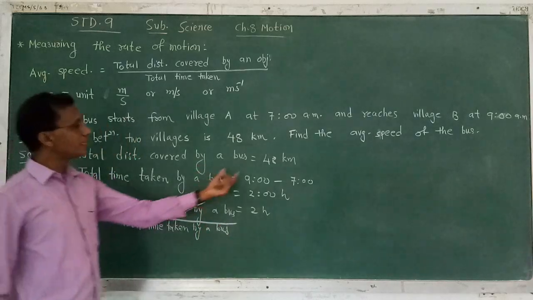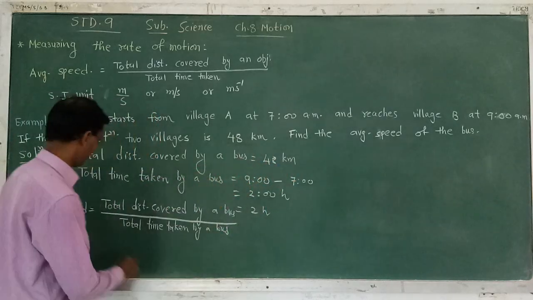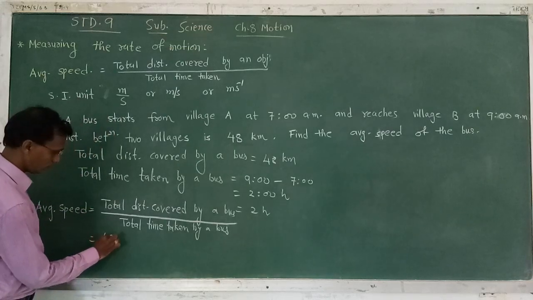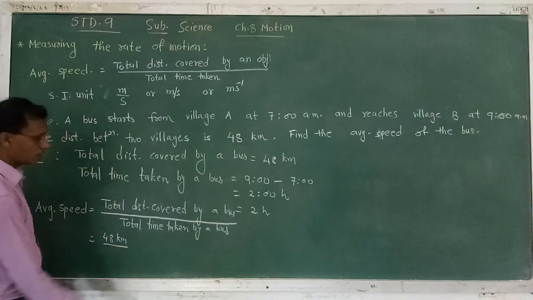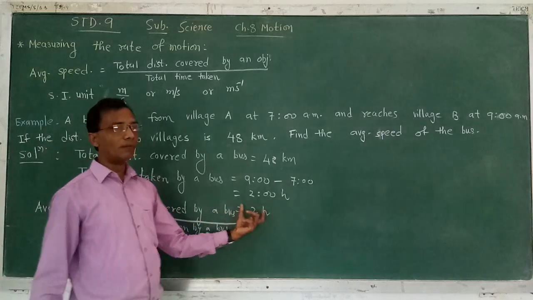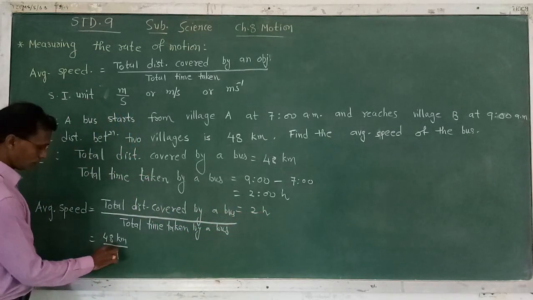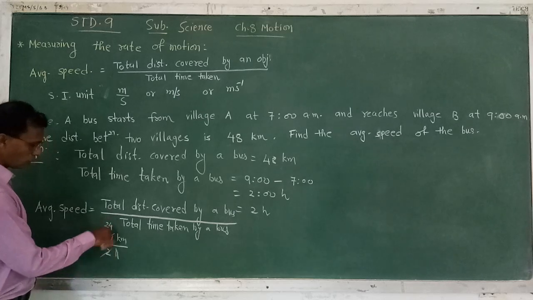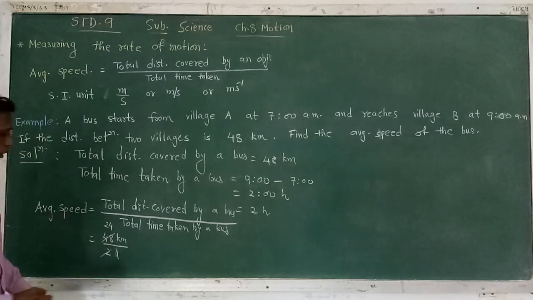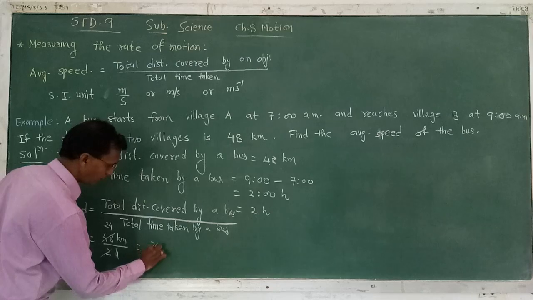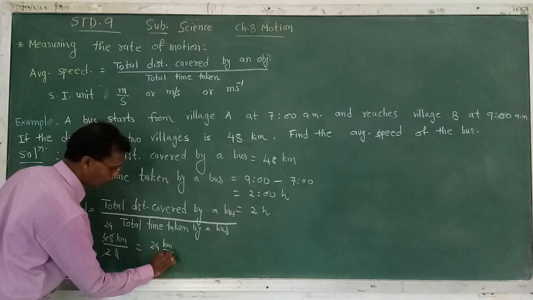The total distance is 48 kilometers. Total time 2 hours. So 48 divided by 2 is 24. So 24 kilometer per hour.